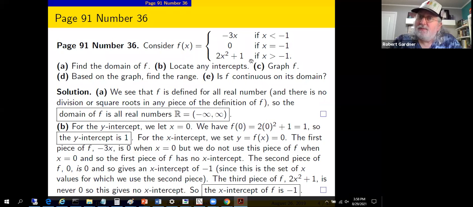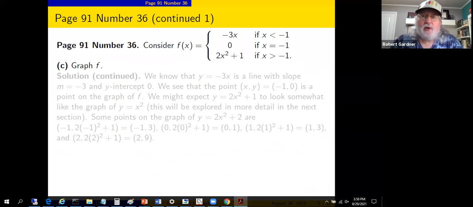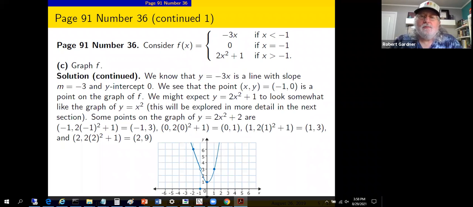My apologies, because it's a little bit early to talk about 2x squared plus 1. Granted, we have dealt with x squared. It's in the library, but this is not exactly x squared. It's x squared somewhat modified. So for the sake of illustration, let's graph. We know y equals -3x. There's a line, slope -3, y-intercept 0.